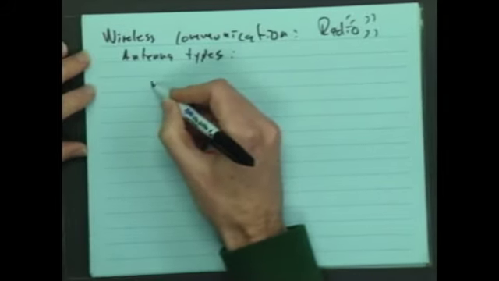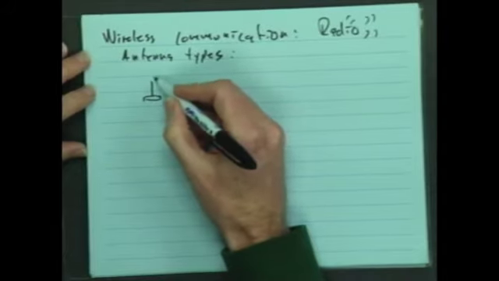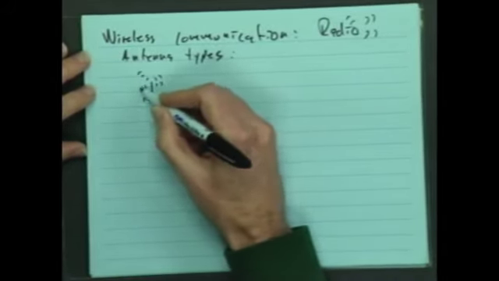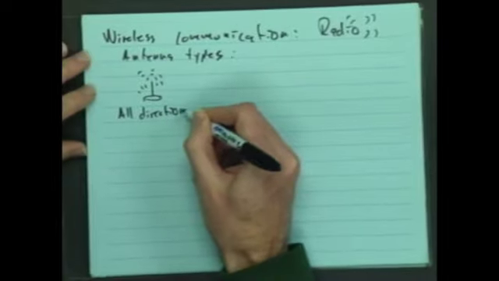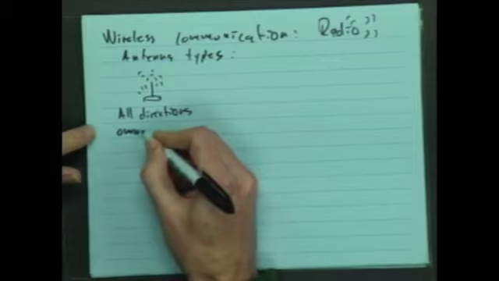The first one, I'll just draw it like that. That's a lovely antenna, isn't it? A lovely antenna that broadcasts in all directions. An antenna that goes in all directions is called omnidirectional.